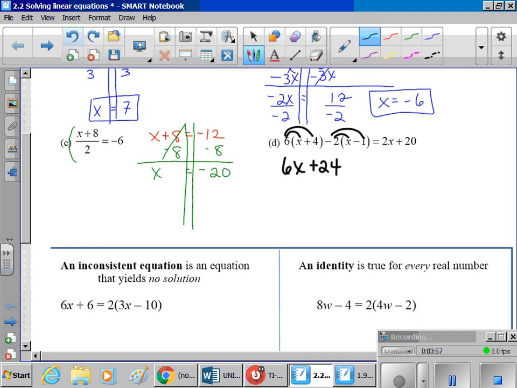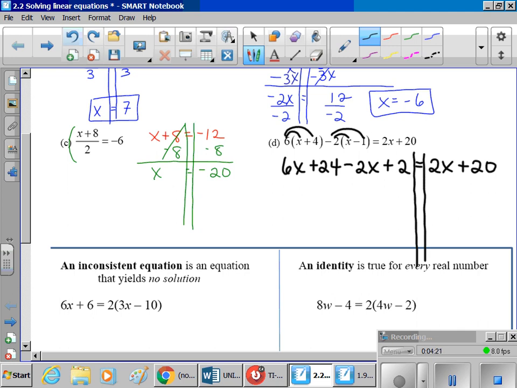Now beware, that 2 with the subtraction sign, we're going to treat that as a negative 2 because that's the same thing as plus negative 2 times x minus 1. So it's going to be minus 2x plus 2 is equal to 2x plus 20. So here we have our tracks.